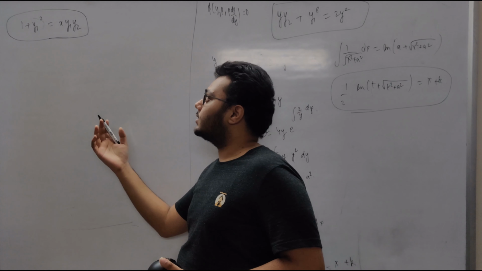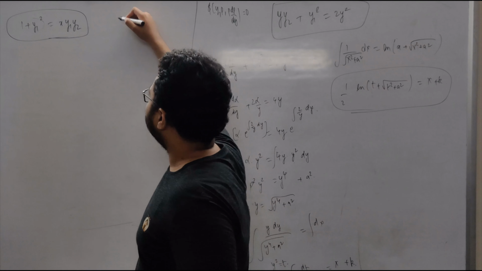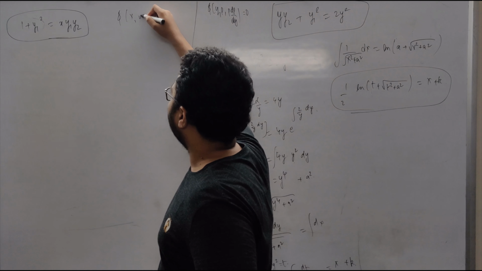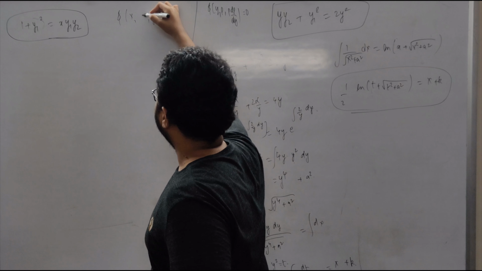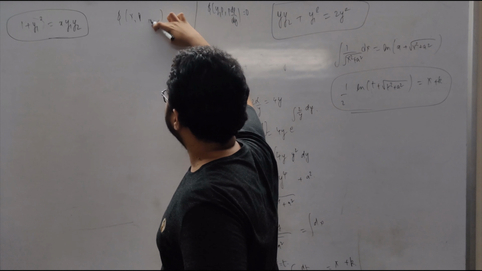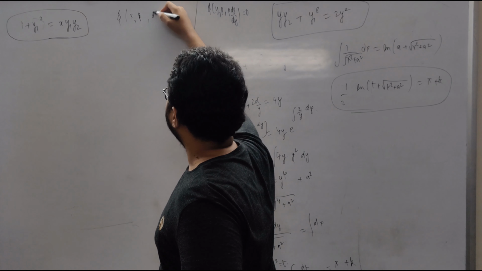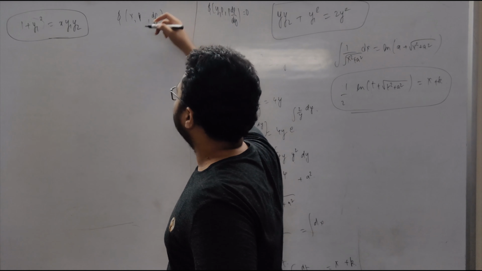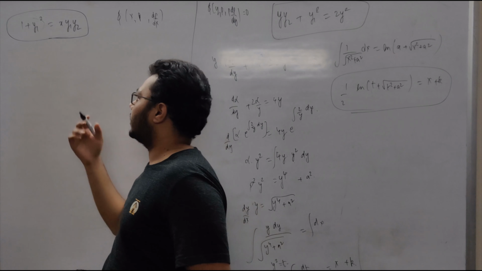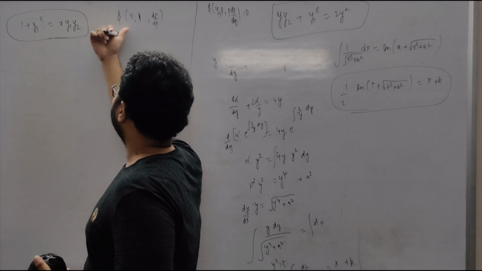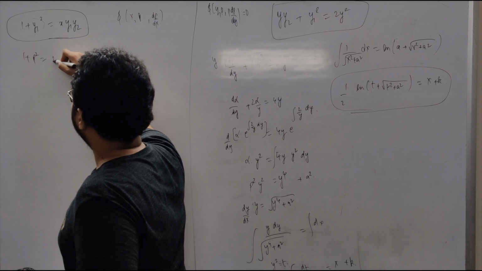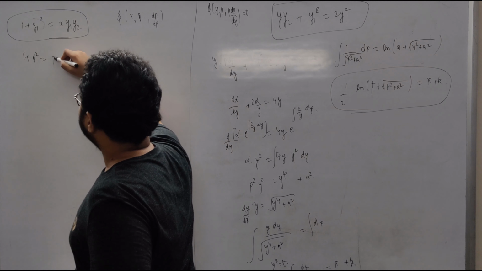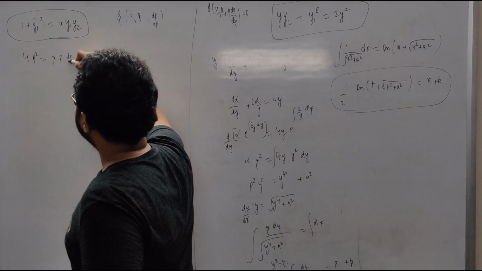And coming to this example, it is of the type phi of x comma y1 comma y2. Y1 is actually p and y2 is actually dp by dx. Because there is no y term, that's why it's x and no y. 1 plus p square equals x p dp by dx.